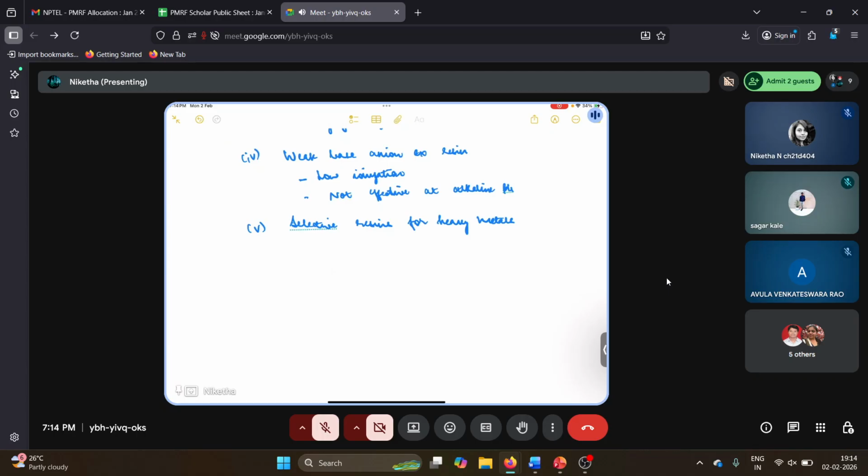Okay, so now we'll go to properties of ion exchange resins. The first one is the exchange capacity.